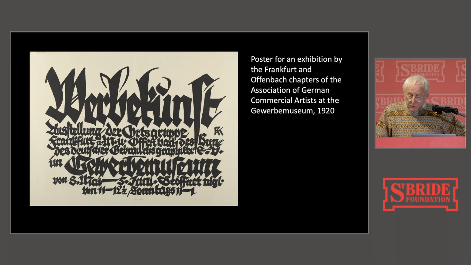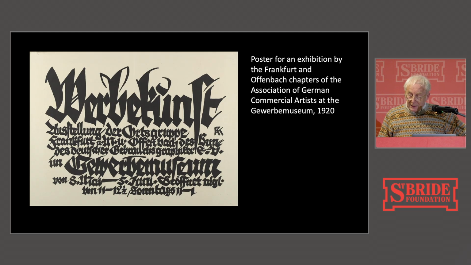Now, Koch also resumed his teaching at the Technical College in Offenbach, but he wanted to develop this into a full arts and crafts workshop or community. With this in mind, he formed around himself a small group of artist craftspeople that developed throughout the 1920s.